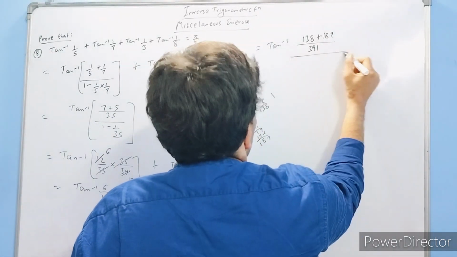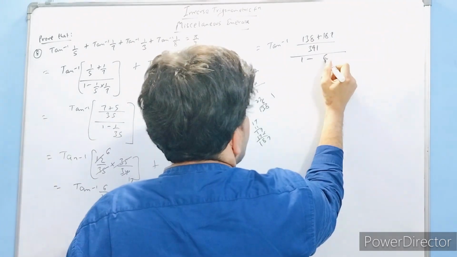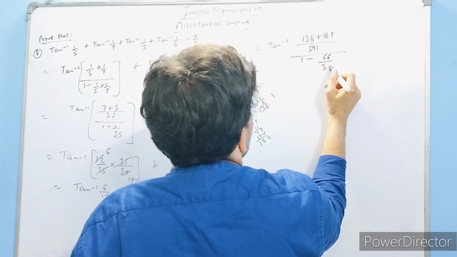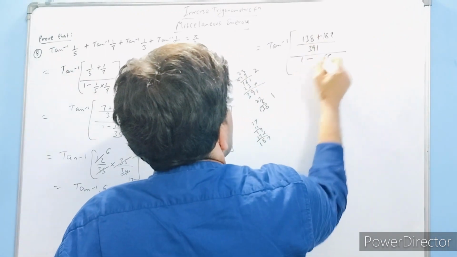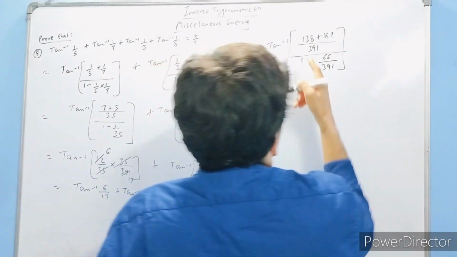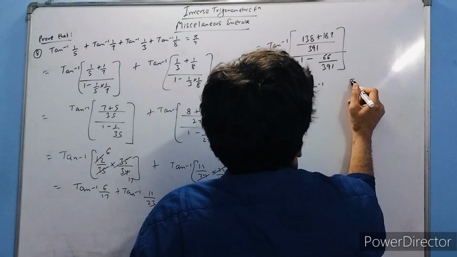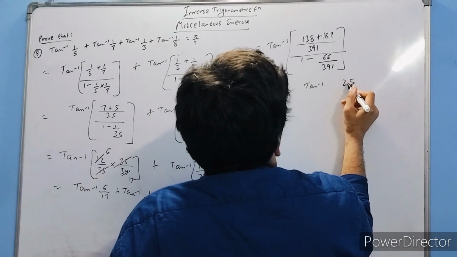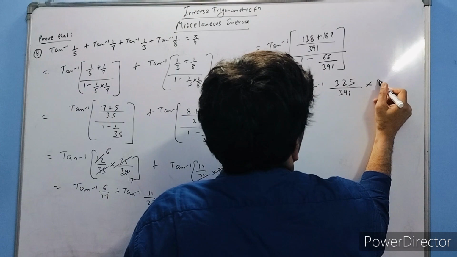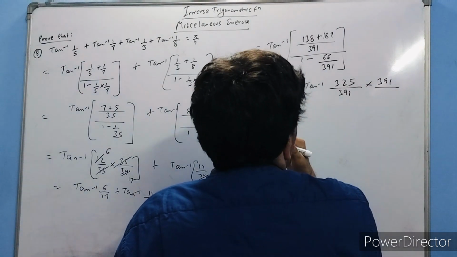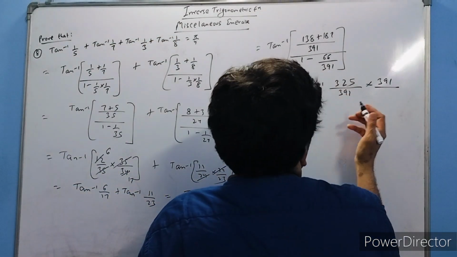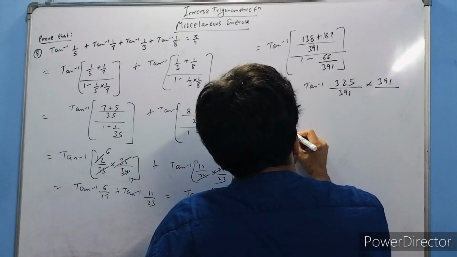Upon I have 1 minus 66 upon 17 into 23, that is 391. Okay, so I got this. So now I got tan inverse. If I subtract this, what I will get here is 391 minus 66.